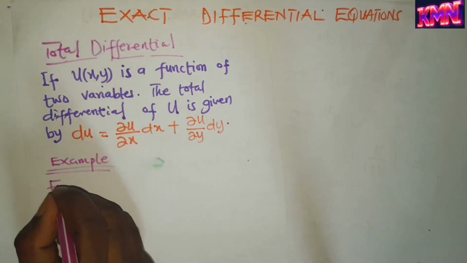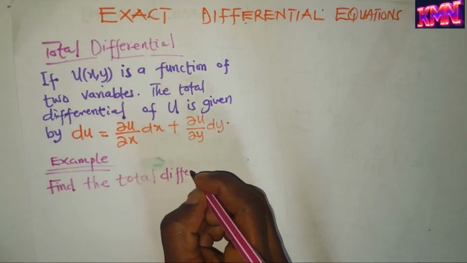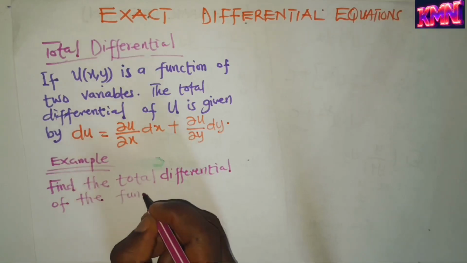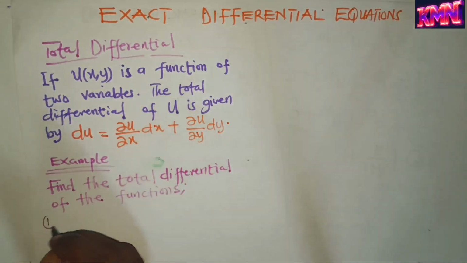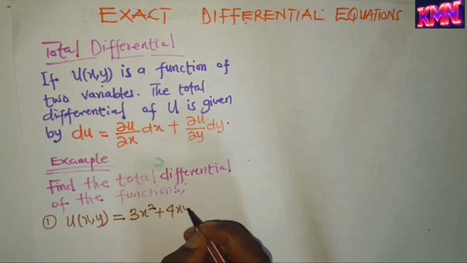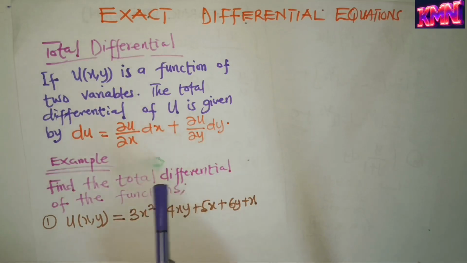Example one says, find the total differential of the function u(x, y) equals 3x squared plus 4xy plus 5x plus 6y plus x.